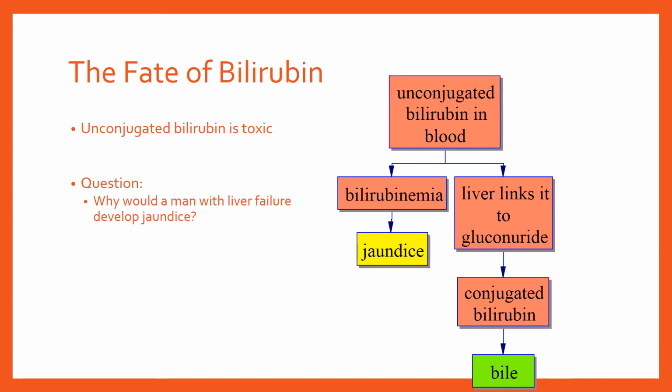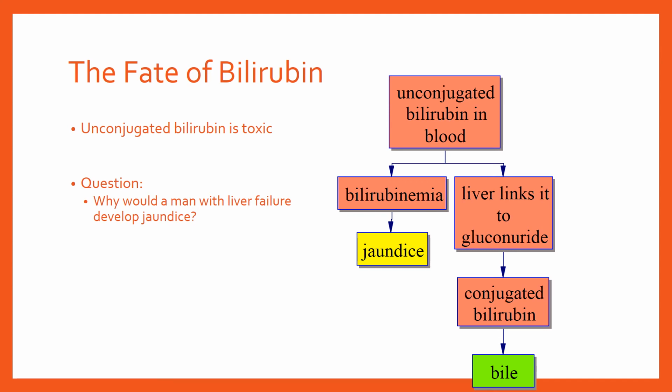Unconjugated bilirubin is toxic, like I said. So we want to turn it into something that can be used. Too much unconjugated bilirubin will result in jaundice, where the patient will turn yellow.